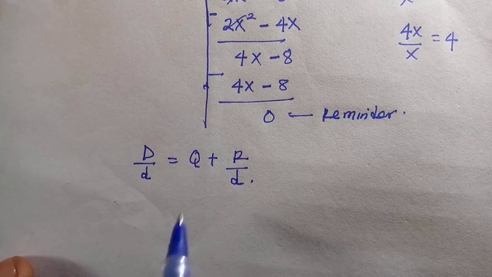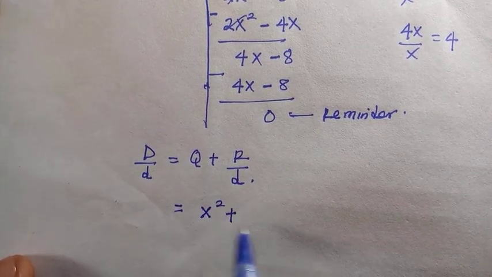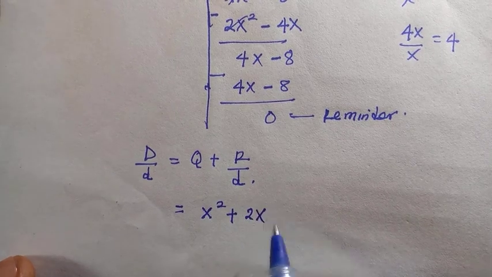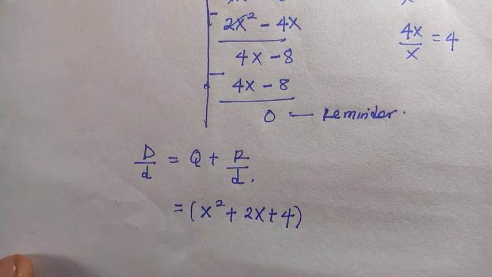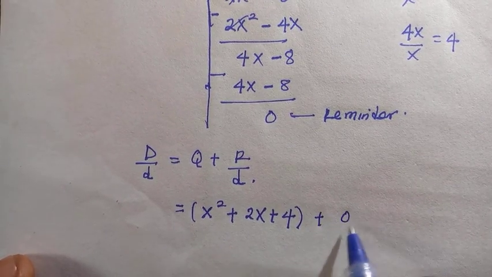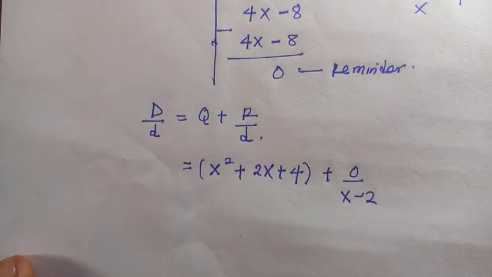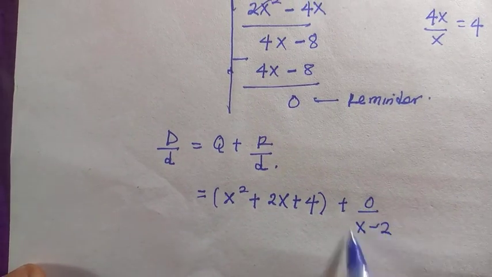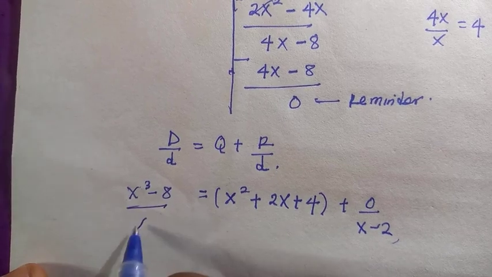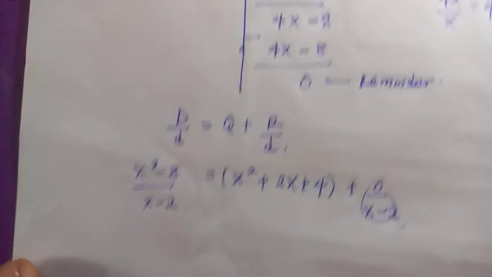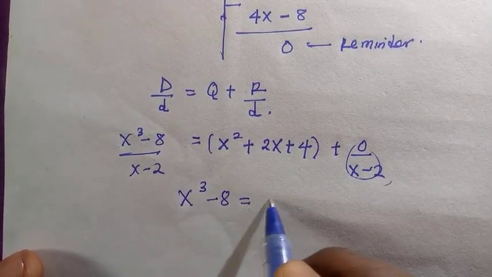For this one, the quotient we got is x raised to power 2 plus 2x plus 4, plus the remainder, which equals 0, over x minus 2, which is the divisor. Our dividend is x raised to power of 3 minus 8, while the divisor is x minus 2.